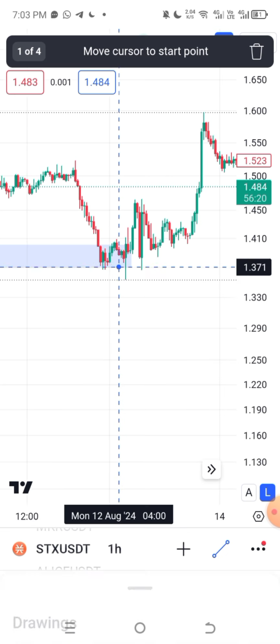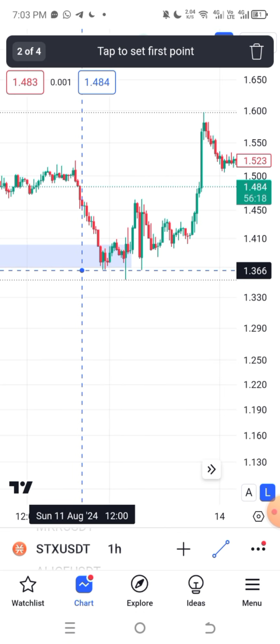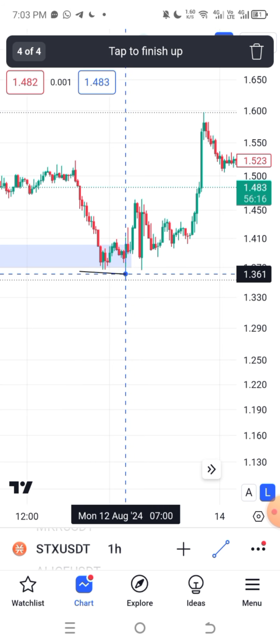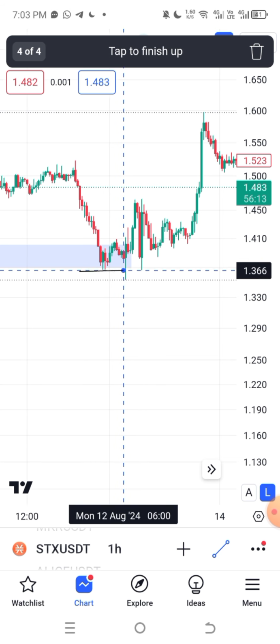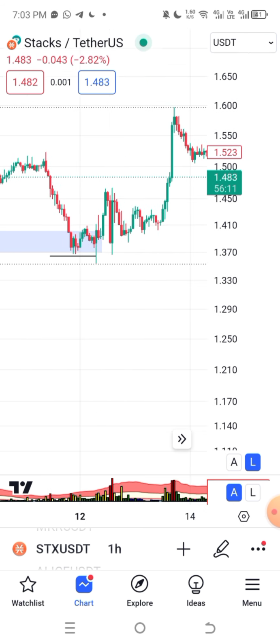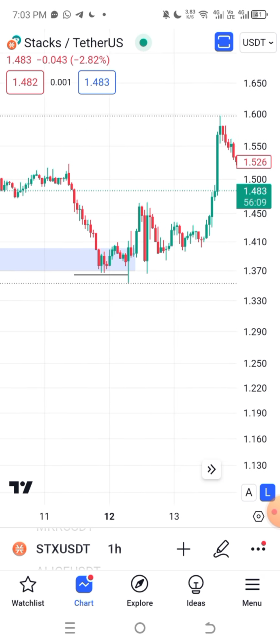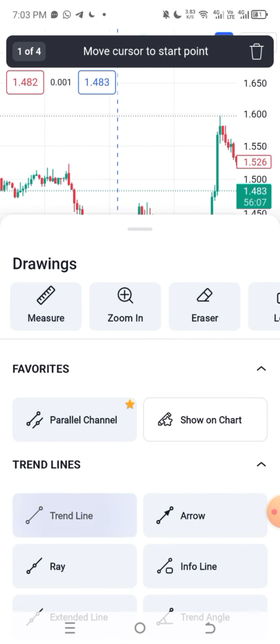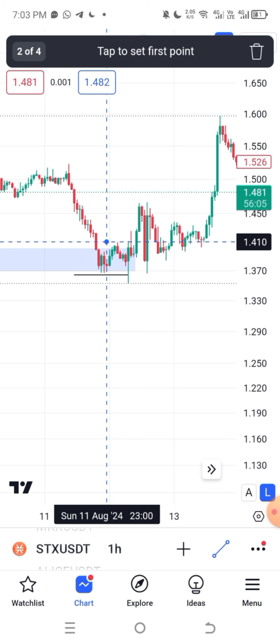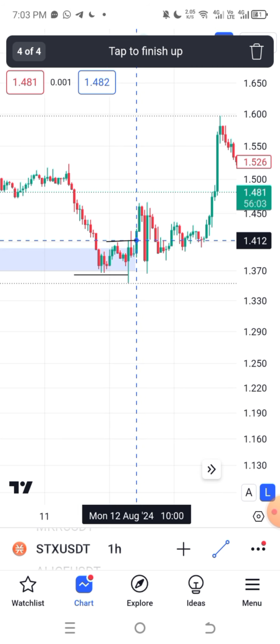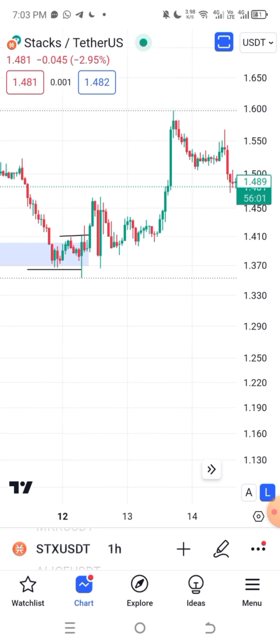What happened next? Price swept all the liquidity resting below here, took everyone out, and then it created a change of character. And what happened next?